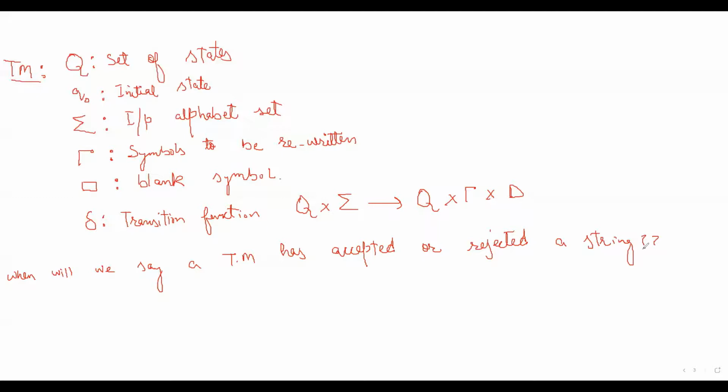So when will we say that a Turing machine has accepted or rejected a string? Or we can say, when will we say a Turing machine has completed the processing of a string.